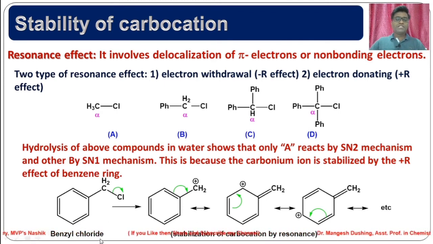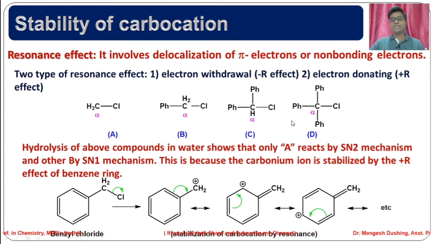So the benzyl carbocation is more stable than the methyl carbocation, because there is no plus R effect to stabilize the methyl carbocation. As the number of phenyl groups increases, the carbocation stabilization will be more. Here there are two, so the number of canonical structures increases, that is, twice.